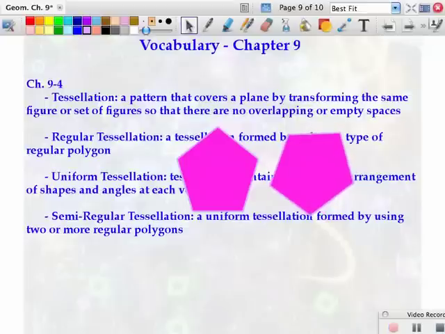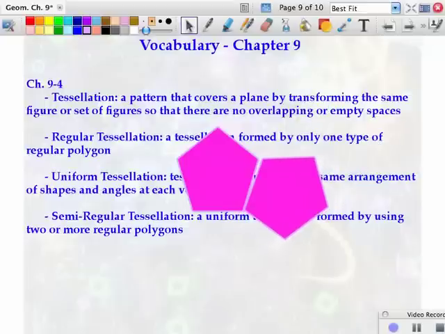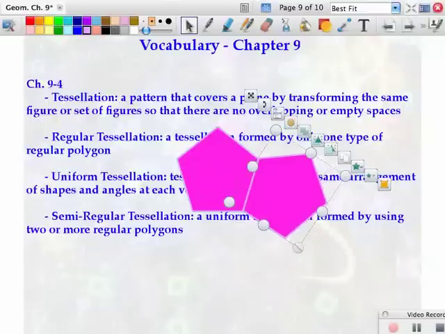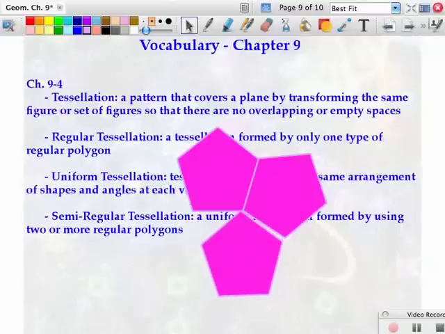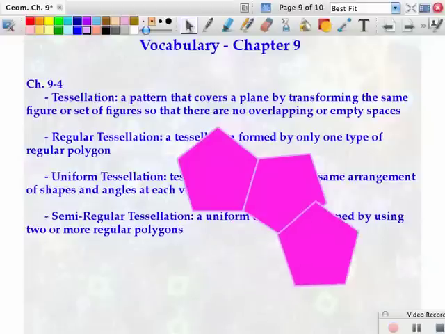Okay, and then as I continue to do this, what will end up happening is they will eventually cover an entire plane without any overlapping. There. And we could keep going and eventually we would get this center part.